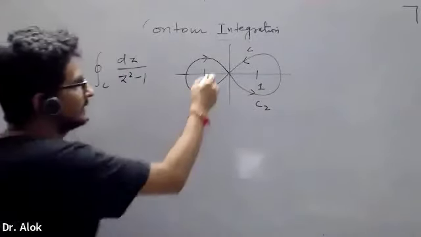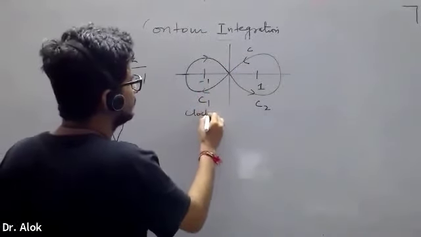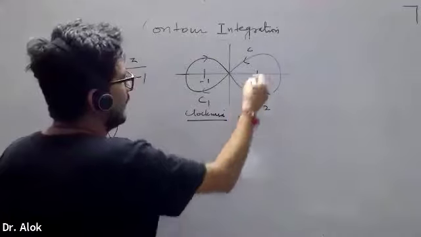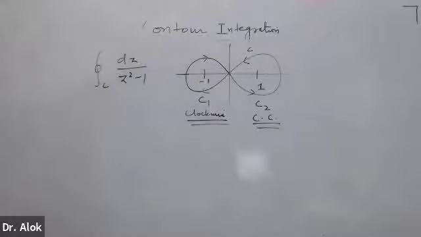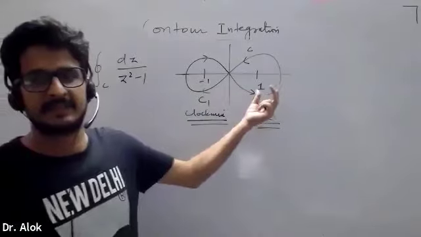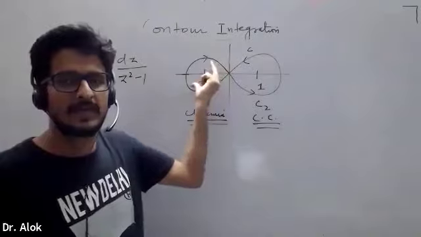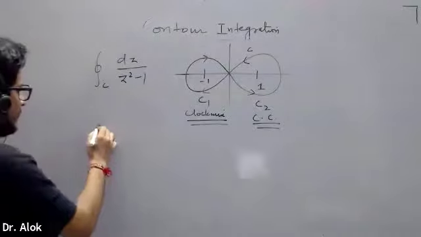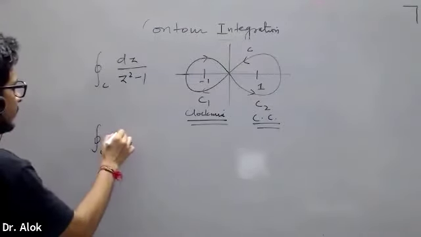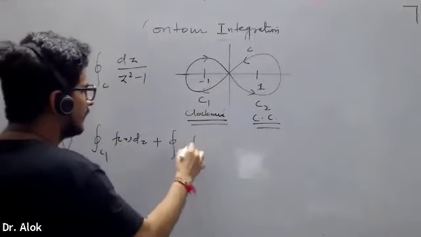This is a separate closed contour with clockwise rotation, and this is a separate contour with counterclockwise sense of rotation. So they are just like the limits; I mean you need contribution from this integration and you need contribution from this integration, and both will be added. So you can write it like this: integral over C1 f(z) dz plus integral over C2 f(z) dz.